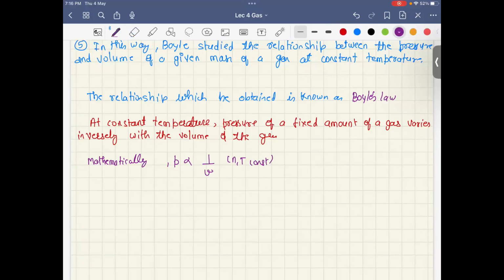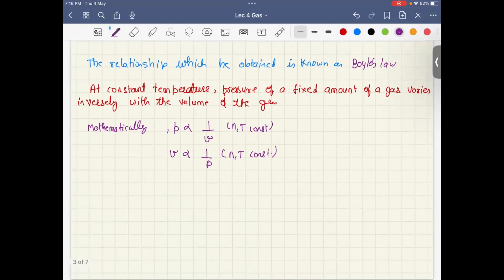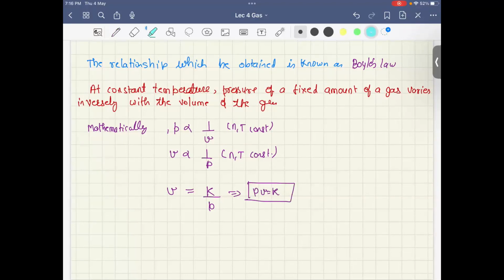Another way of writing this is that volume is inversely proportional to pressure when n and T are constant. Hence, when we change the proportionality to an equality, we have to add a constant. That will be V = k/P, which implies P into V equals some constant k.